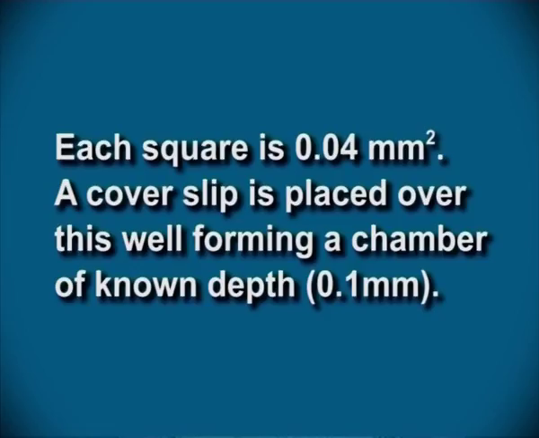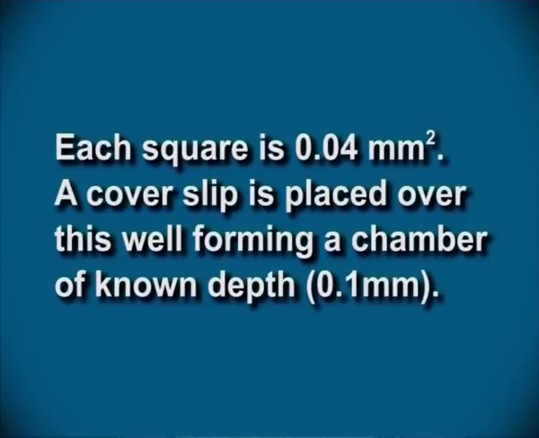A hemocytometer is a counting chamber as shown in figure 1. It is a thick glass slide containing a well in the central section. On the bottom of the well, a grid is etched containing squares of known area. Each square is 0.04 millimeter square.